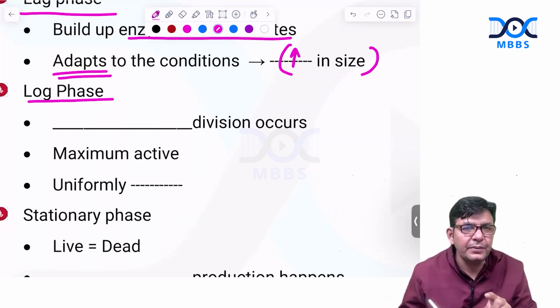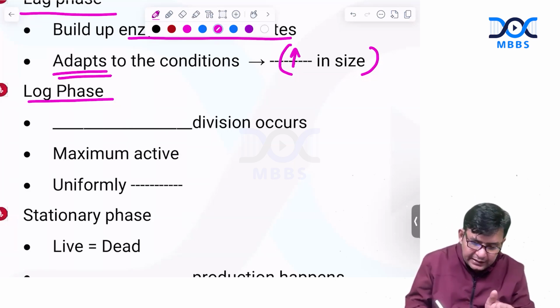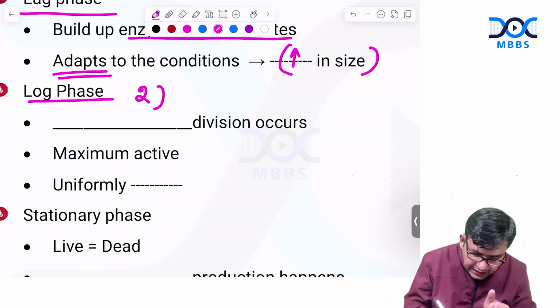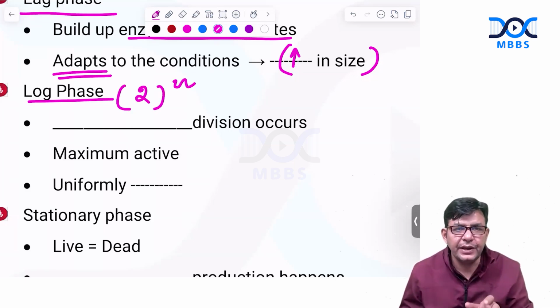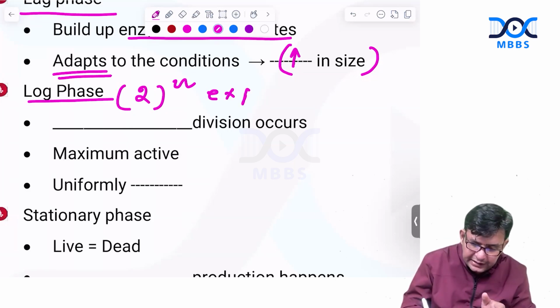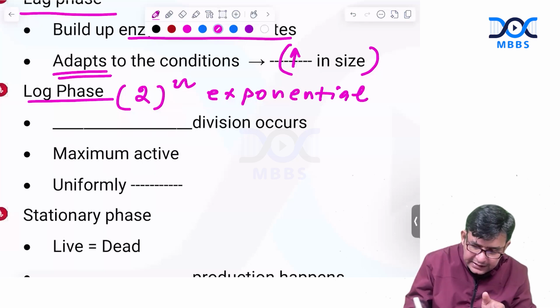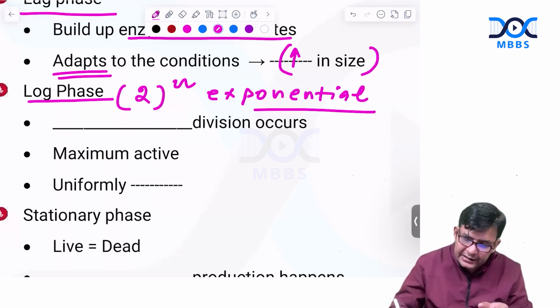Your activities will be increasing like anything. And there is an exponential increase in numbers, to the power n. In which particular phase, guys, do you have this exponential increase? Log phase. So the exponential increase in numbers is there.